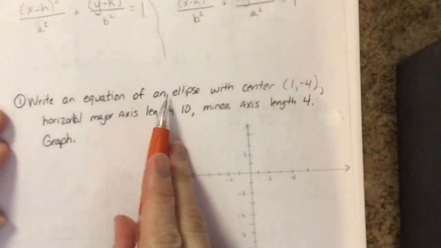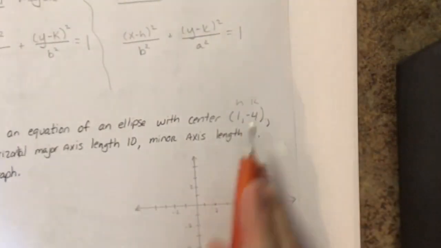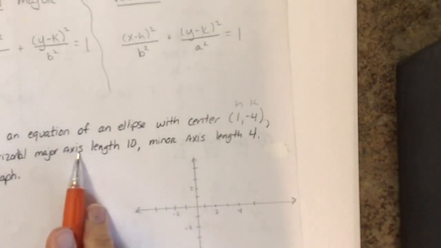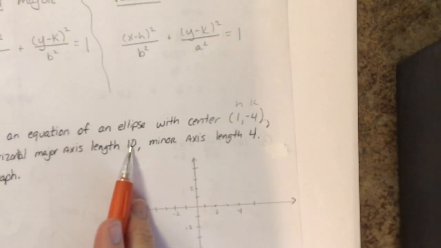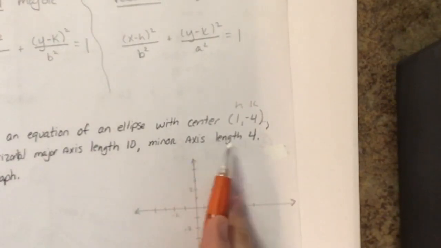Writing an equation of an ellipse, center (h, k) is (1, negative 4). The horizontal major axis has a length of 10. And the minor axis then would be vertical, and it has a length of 4.